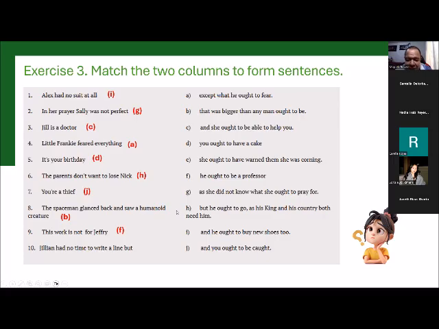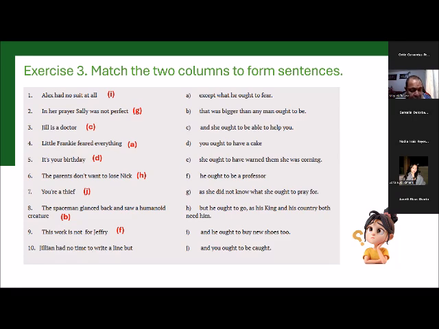What letter is missing? Please, Frida Jimena. Jillian had no time to write a line, but she ought to have warned them she was coming. Exactly. Letter E. Thank you for your help.